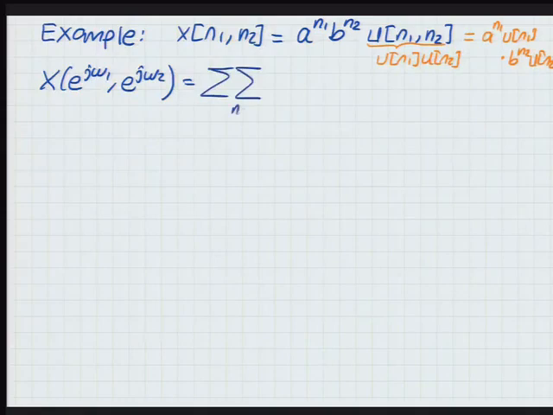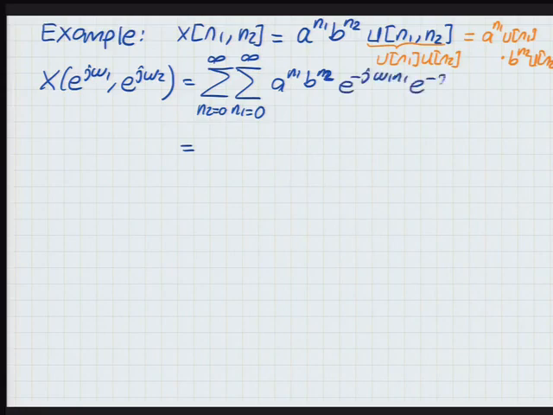So I'm summing, remember, actually from 0, because the signal takes 0 values when n1 is negative, to infinity, and n2, 0 to infinity, of a to the n1 and b to the n2, right? And because one only depends on n1, the other only depends on n2, we can split this sum into a product.